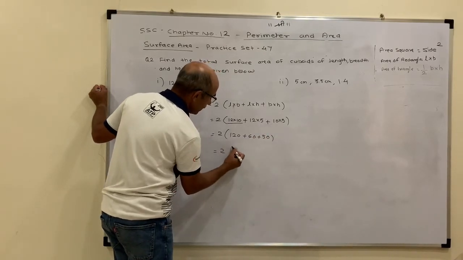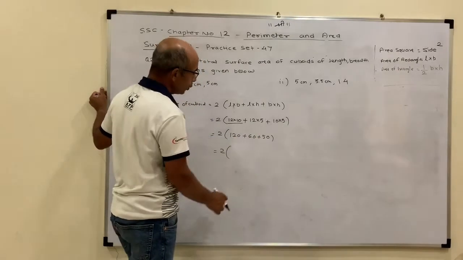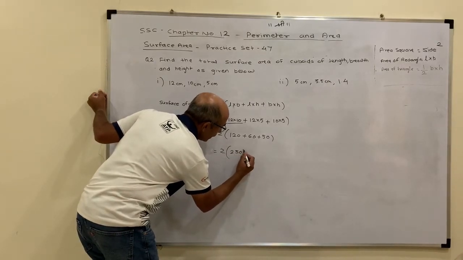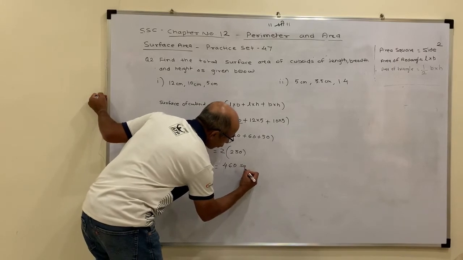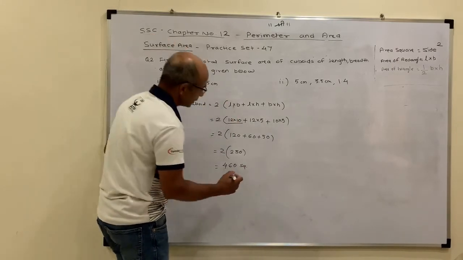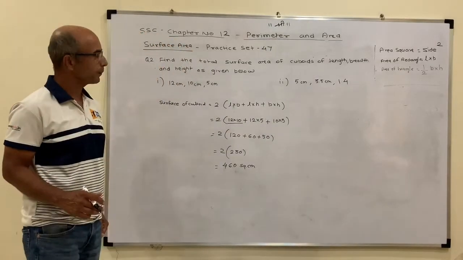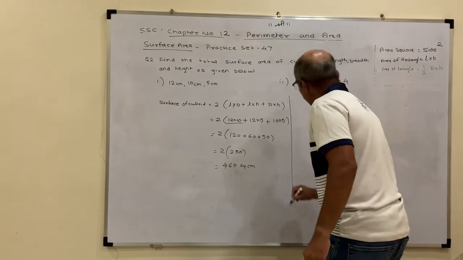That comes out to be 120 plus 60, 180 plus 50, 230. So 230 into 2, which comes out to be 460 square. The unit is centimeter, so square centimeter for the first one. Now for the second one, I solve here itself.